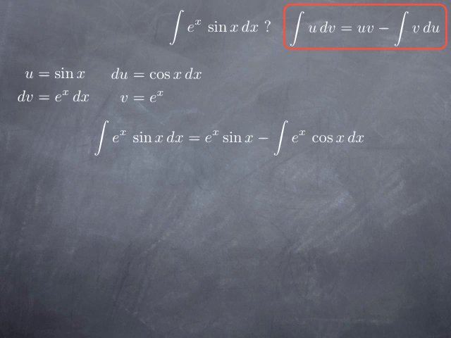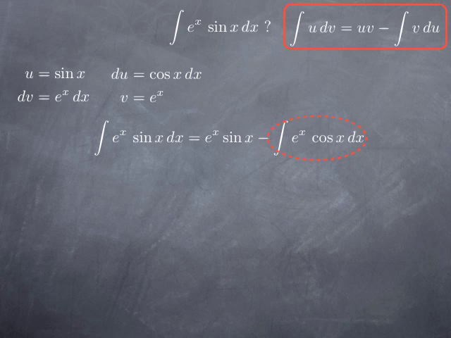It looks like we didn't gain a lot, because we started from the integral of e to the x sine x and transformed it into the integral of e to the x cosine x, which has essentially the same type of complexity. So we didn't really simplify anything.